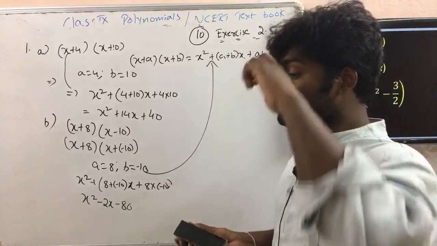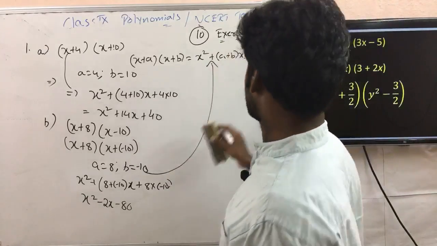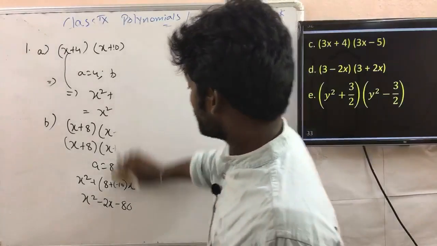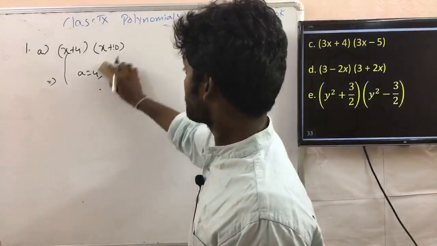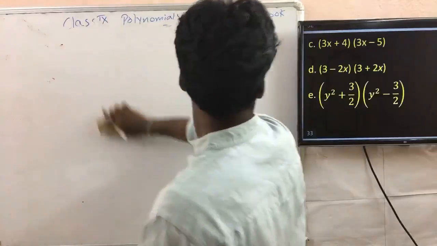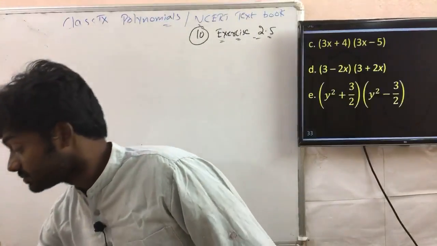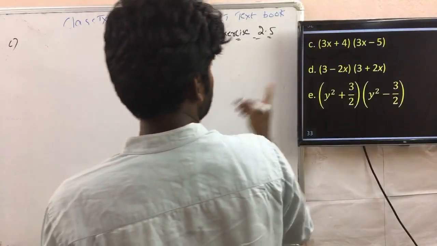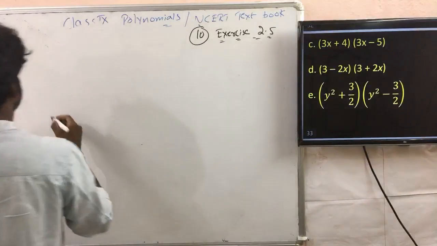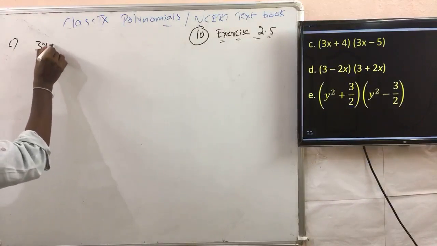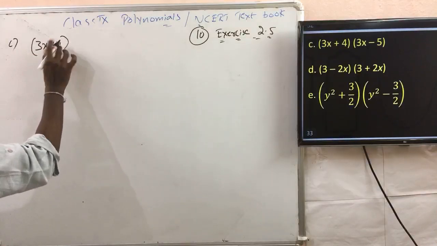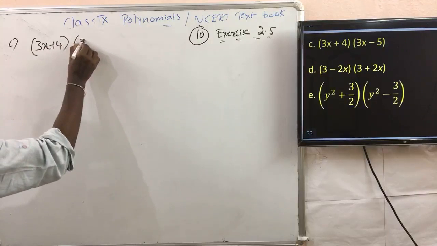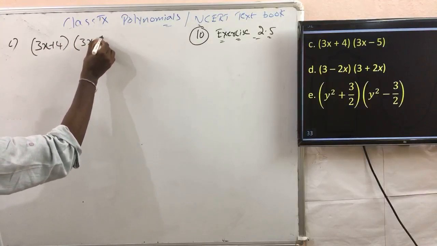That means you have to get all those 10 identities orally. Okay. Then we are moving to the next sum. 3x plus 4 into 3x minus 5.